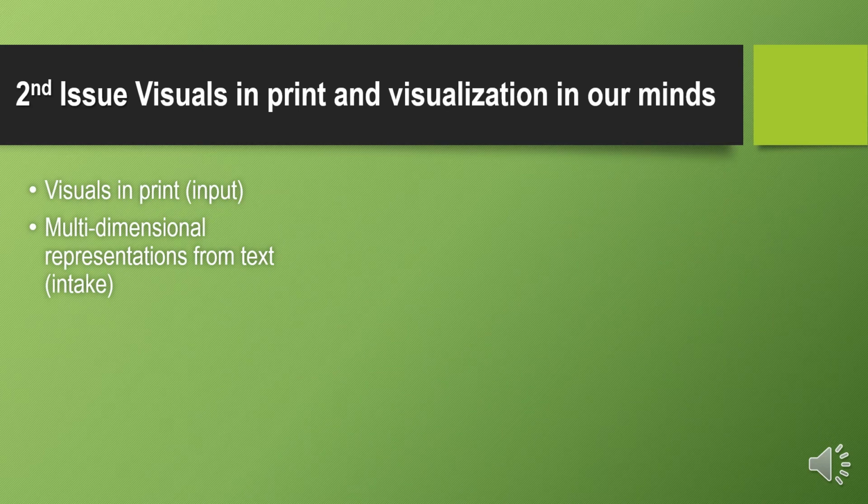Let us now proceed to the second issue, visuals in print and visualization in our minds. There is another issue which is even more neglected. We should differentiate between the visuals in the materials in print and the multidimensional representations we create from linguistic text in our minds.